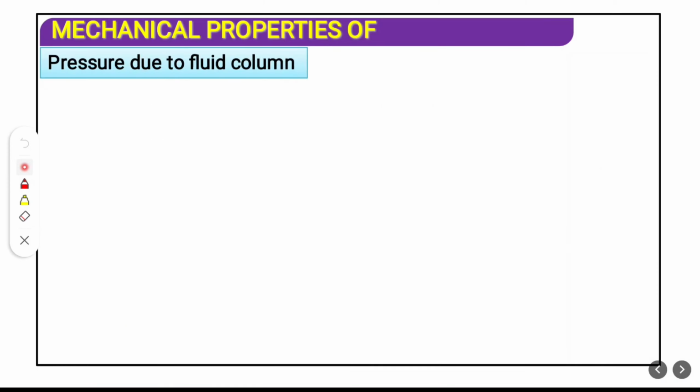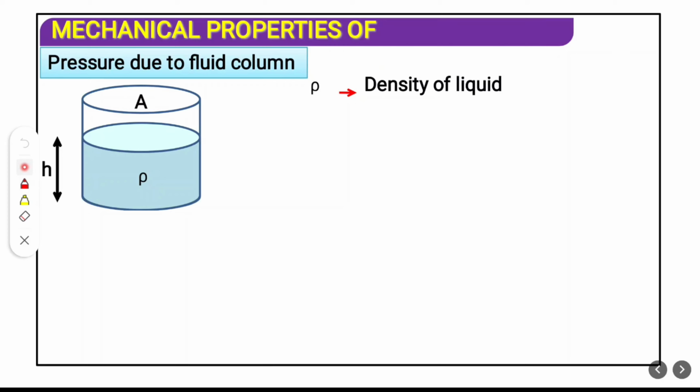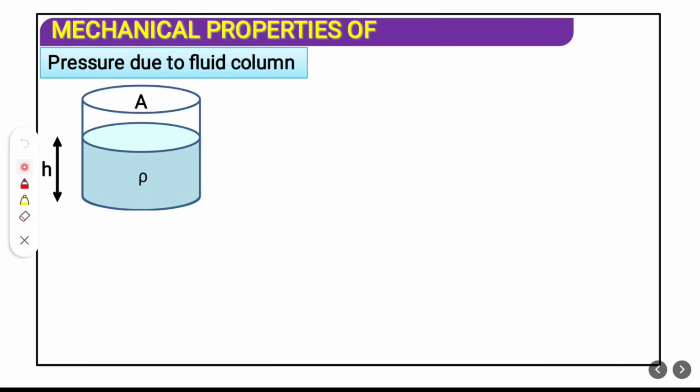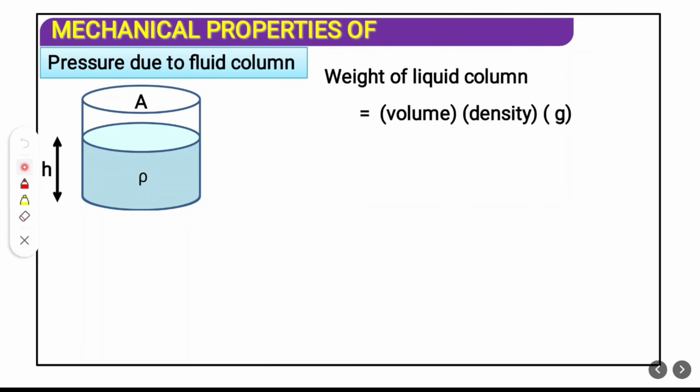Now the topic is pressure due to a fluid column. These are the assumptions: rho represents the density of the liquid, A represents the area of cross section of the cylinder, and H represents the height of the column. Now the weight of the liquid column: weight W is equal to mg.